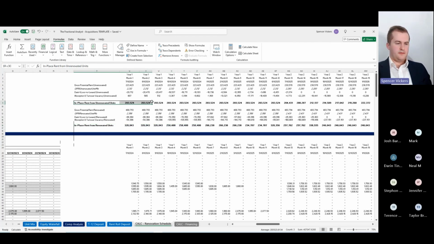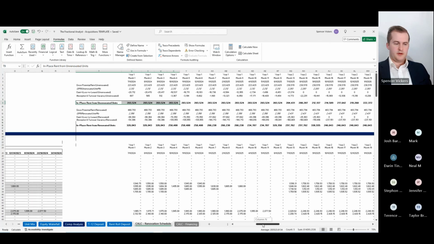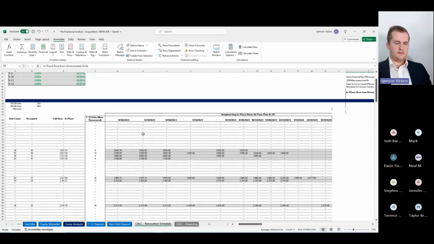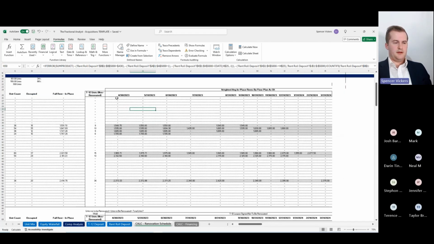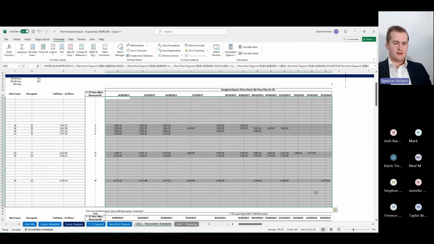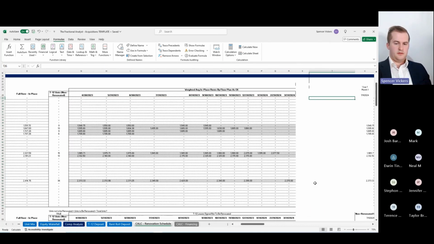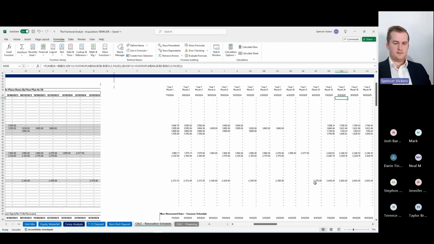So from the unrenovated side, this module here pulls in the last rents that were signed as of the rent roll that you just dropped in. And then over here, it's essentially your lease turnover schedule.